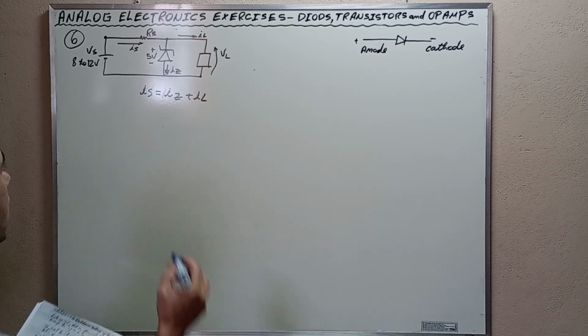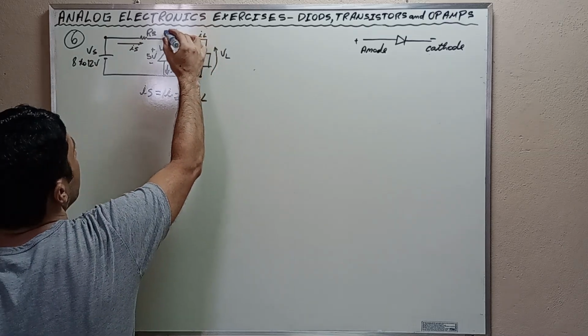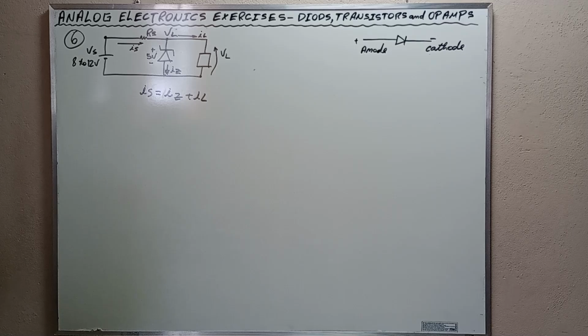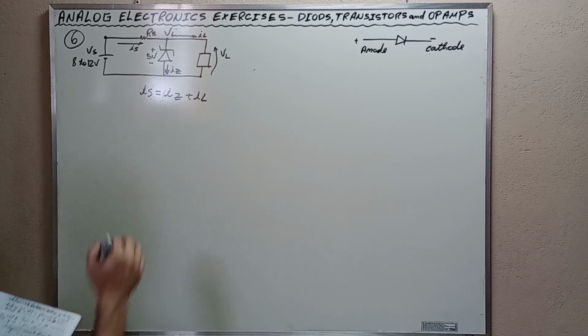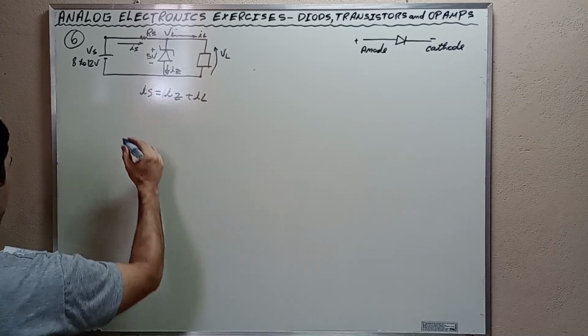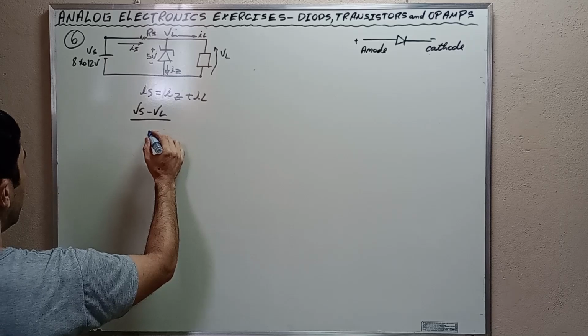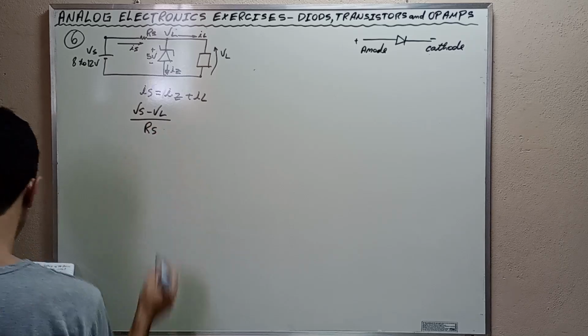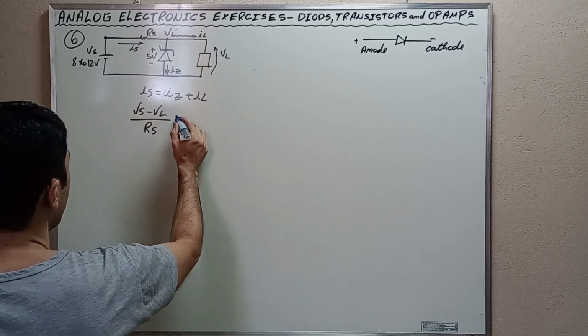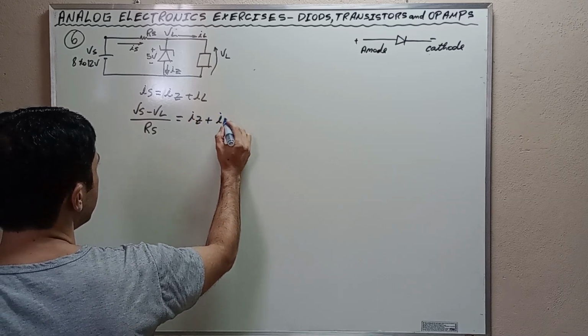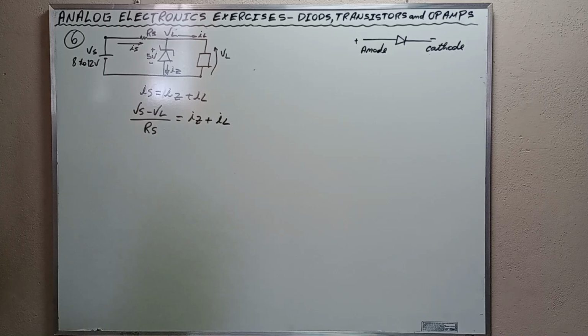I'm going to label here VL, just to facilitate our understanding. Is is equal to Vs minus VL divided by Rs, which is equal to the current through the zener plus the current that goes to the load.